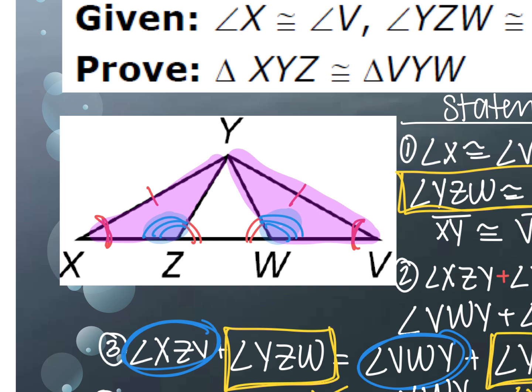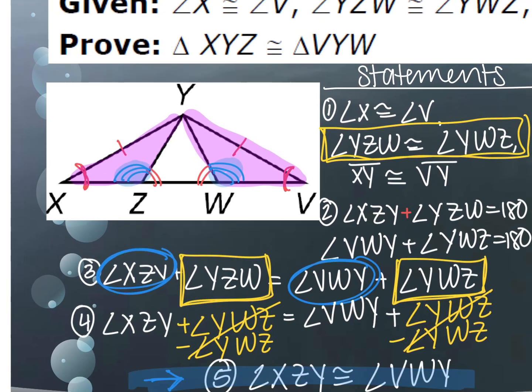What can I use to prove that my triangles are congruent? Which one of the ones that we learned? What kind of triangles are these? It's not HL. It's not side, side, side. So it has to be something else. Yes. It has to be angle, angle, side.